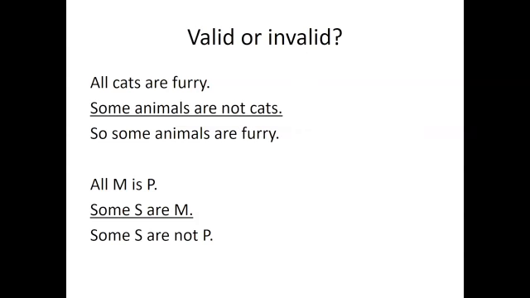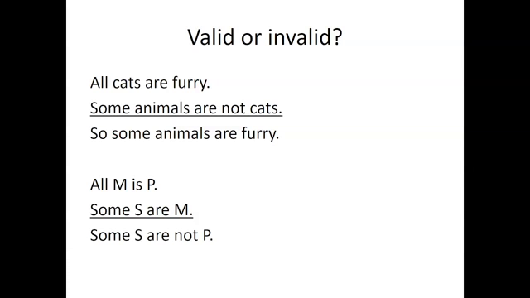All cats are furry. Some animals are not cats, so some animals are furry. All right, we have an affirmative premise. All cats are furry. We have a negative premise, right? Some animals are not cats. And remember the rule said, right, that if a premise is negative, then the conclusion must be negative.